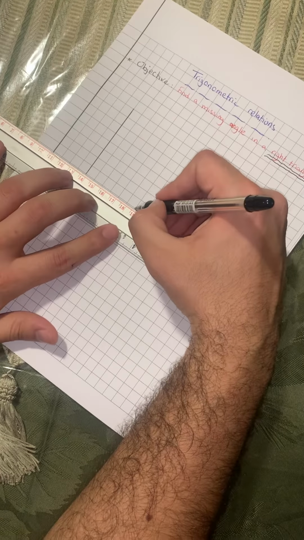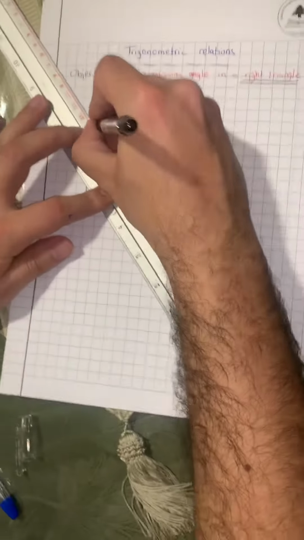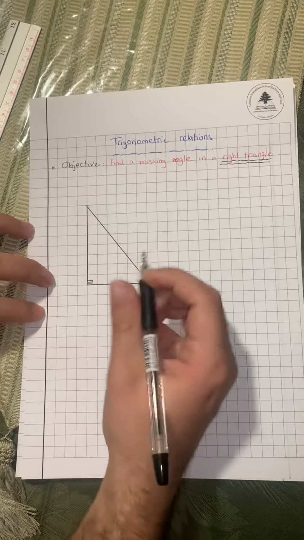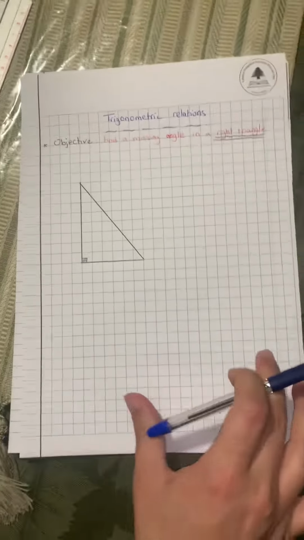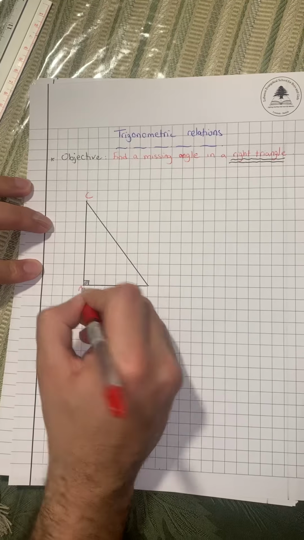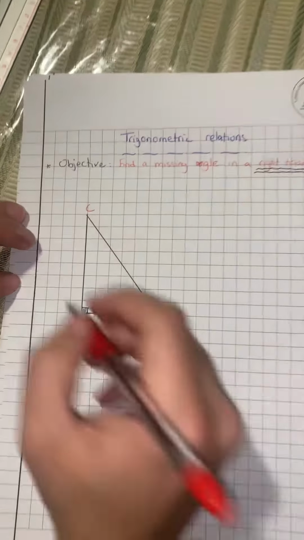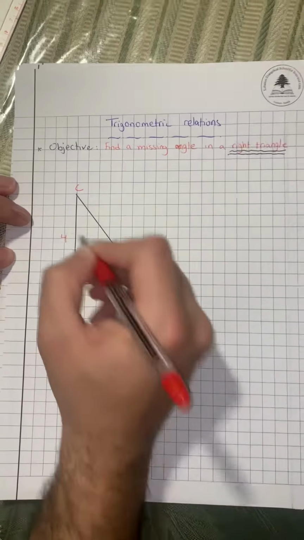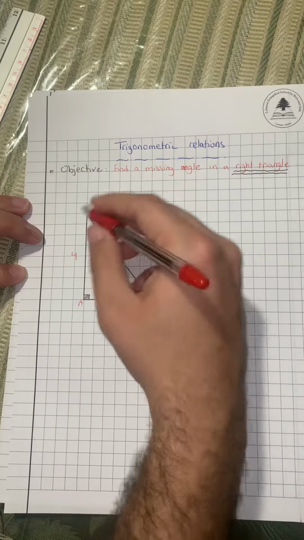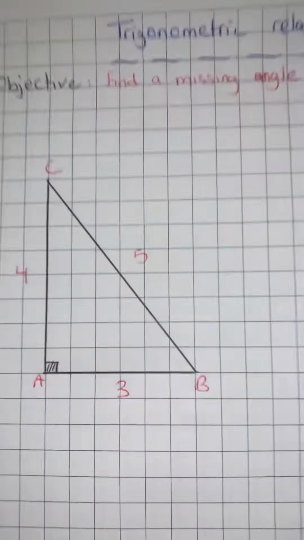So, assuming we have this right triangle with 3 sides and 3 angles, let's name it CAB, with the sides equivalent to 3 for AB, 4 for AC, and 5 for BC.